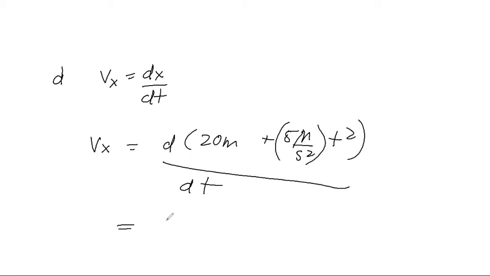Taking the derivative of 20 meters with respect to t is 0. And this is going to be 10 meters per second squared times t.